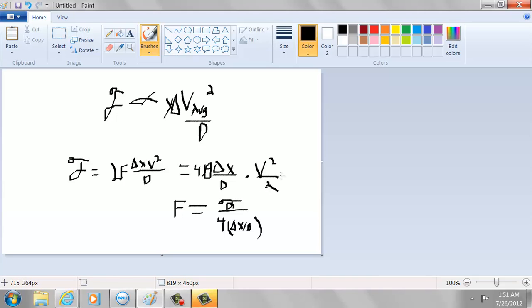This term is going to go at the bottom too. So v squared over 2. I'm trying to do this in my head here. Yeah, that should be right. So this is what the friction factor is equal to.